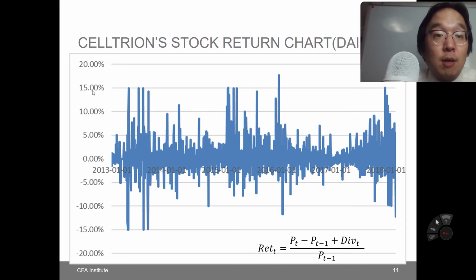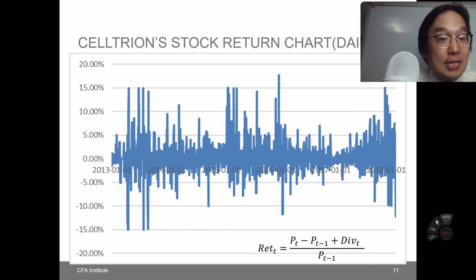Some days, you earn 15% in a single day. Jesus. You wish you earned a 15% return every day over 1 year. Well, you're gonna make a huge amount of money, but that doesn't happen.